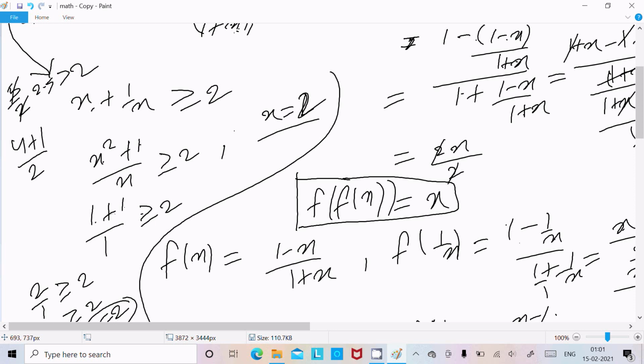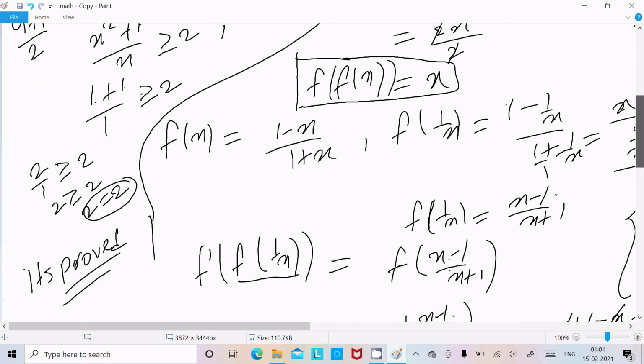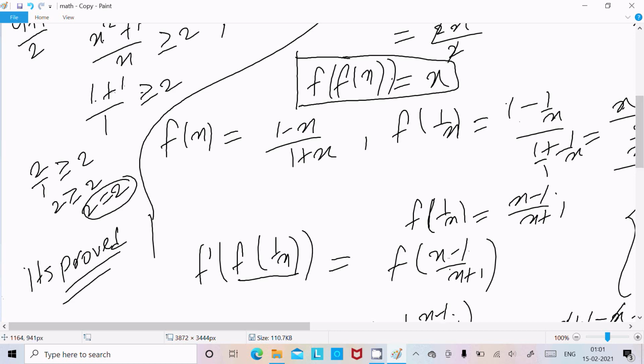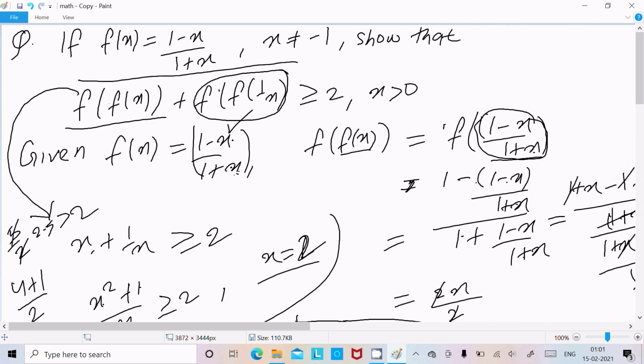So this condition also satisfies, so it's proved. This is the way we can find f of x plus f of 1 by x: f of x value is calculated, and when I calculate f of 1 by x it comes 1 by x.